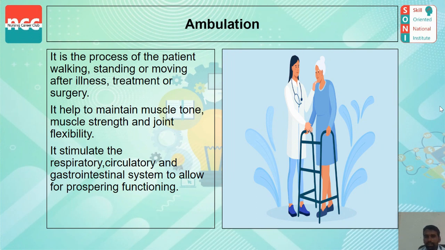It stimulates the respiratory, circulatory, and gastrointestinal systems to allow for proper functioning of the body, so that a patient can be free from various diseases such as respiratory and circulatory conditions.